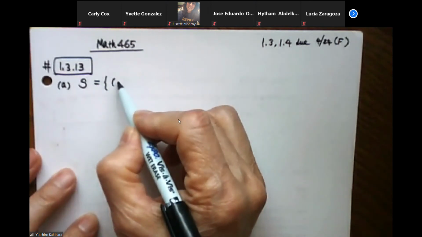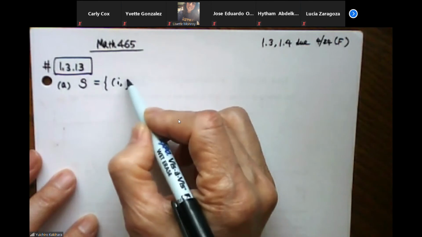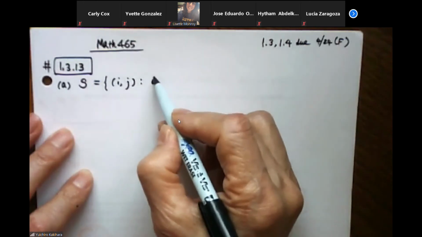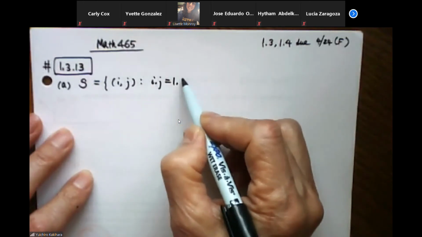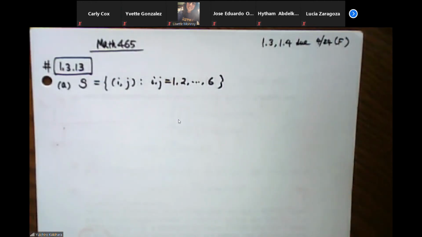Two dice are rolled. So die 1 has number I, and die 2 has number J. This pair (I, J) is a possible outcome, where I and J are from 1 to 6. This is the sample space. There are 36 outcomes, right?